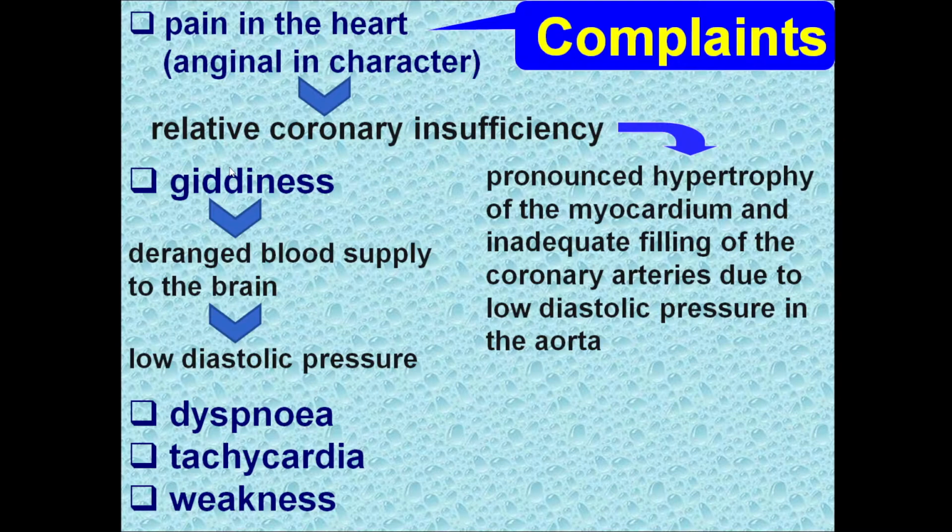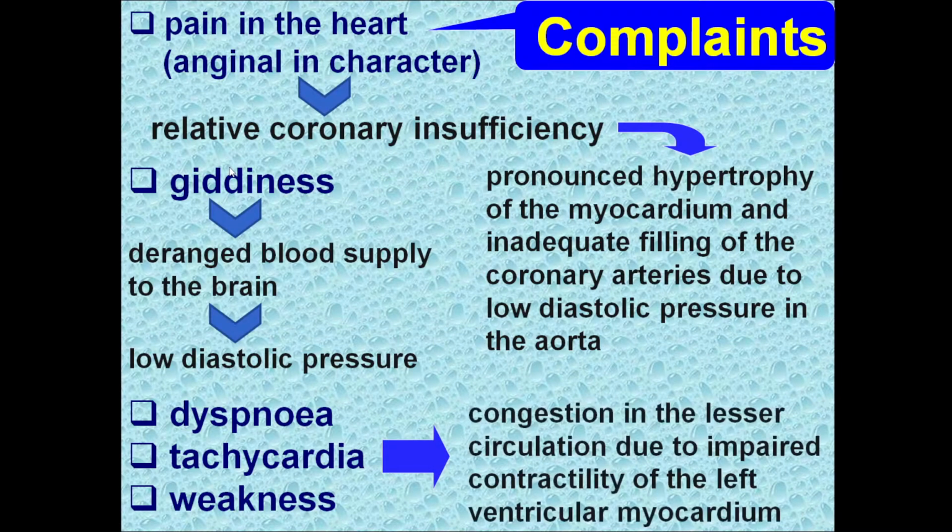And there is a group of problems which indicate decompensation of the left ventricle and, as a result, congestion of blood in the lesser circulation: dyspnea, palpitation, weakness, then maybe cough and hemoptysis.